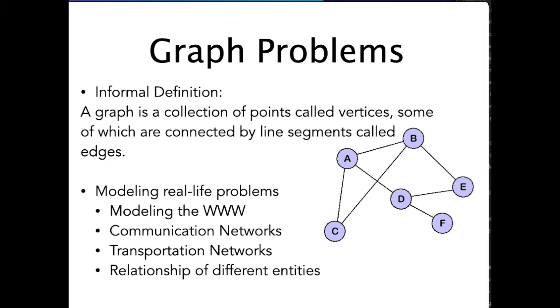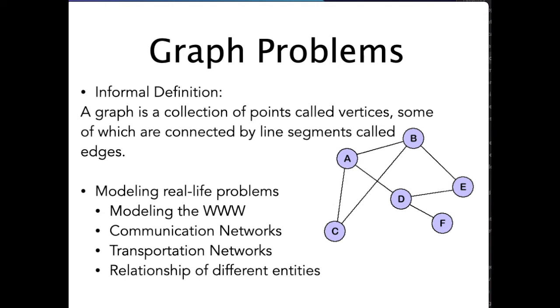Graph can also be used to model a transportation network. If it's a train network, the vertices could be train stations, and then the edges could be train tracks. If it's a road network naman, the vertices could be landmarks, and the roads connecting landmarks naman yung edges.